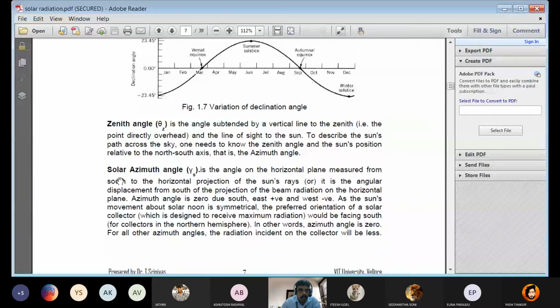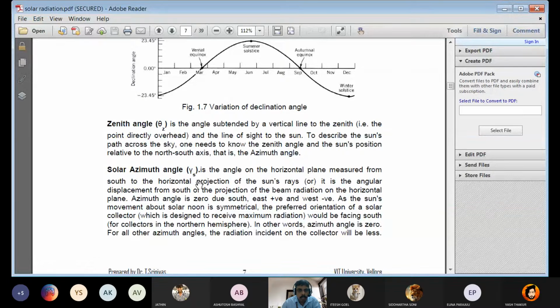It is a projection. Yesterday we have seen the figure, no? Suppose solar rays are coming to a location. We can have a projection of the line joining the location and the sun on the earth's surface. Due to the south axis, we can measure that projection angle on the surface. That is called the solar azimuth angle.